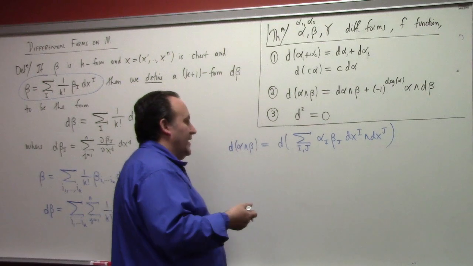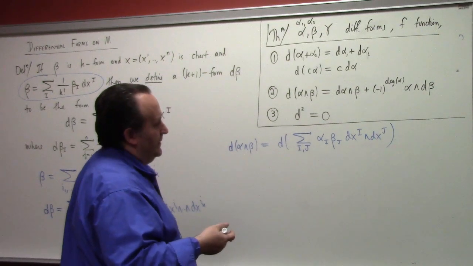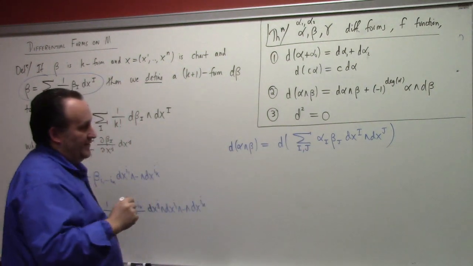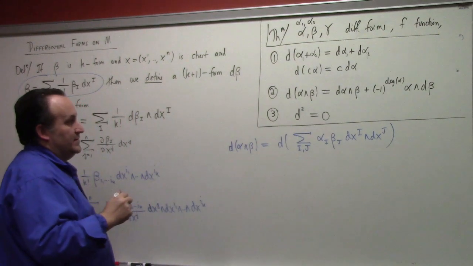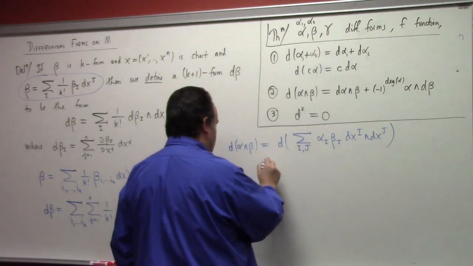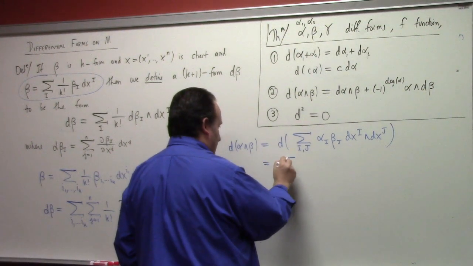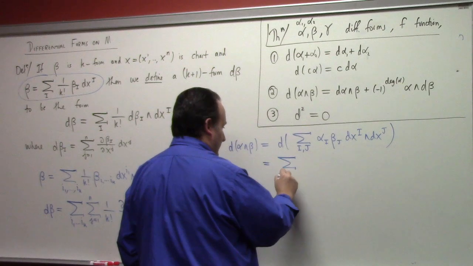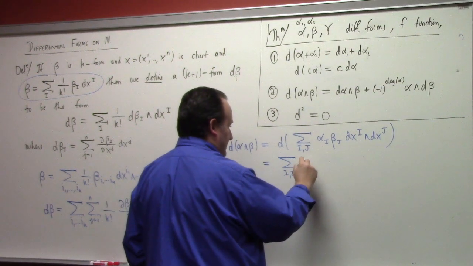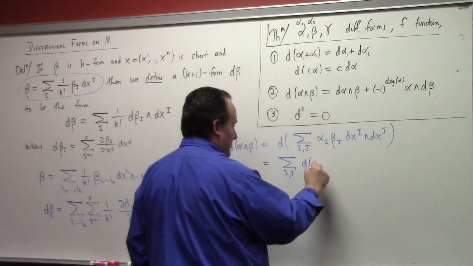And by property 1, or rather its inductive extension, I can pull the sum out. So I've got the sum over i and j of the differential of the product of these functions.